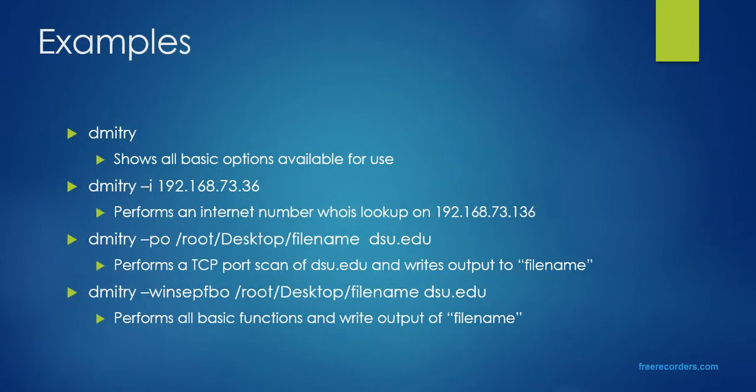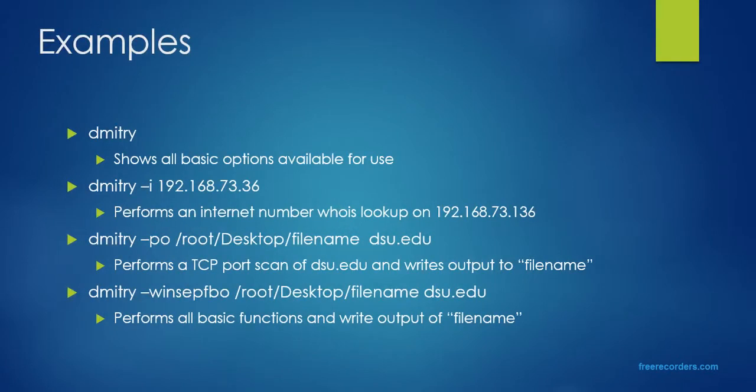If we had the I tag followed by an IP address, it would perform an Internet Number whois lookup on that target. That's just to show that we can use both domain names and IP addresses, just like any other tool.